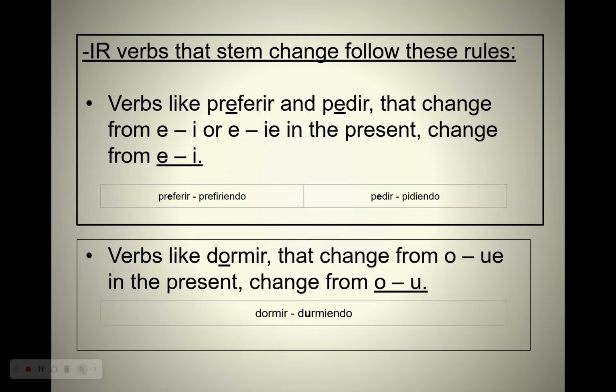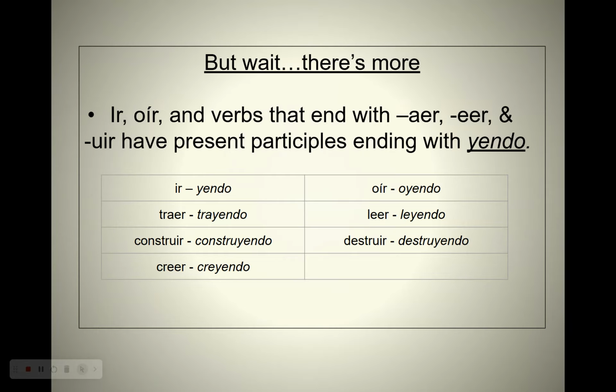Finally, ir, oír, to go, to hear, and verbs that end with AER, EER, and UIR, with the exception, of course, as you see at the bottom, of seguir, because it's irregular in the present tense, have present participles ending with yendo. So you do have some examples here, just to make sure that you have them as a point of reference. For ir, to go, we have yendo, going.